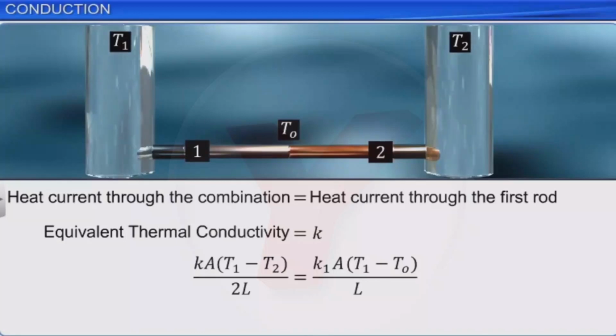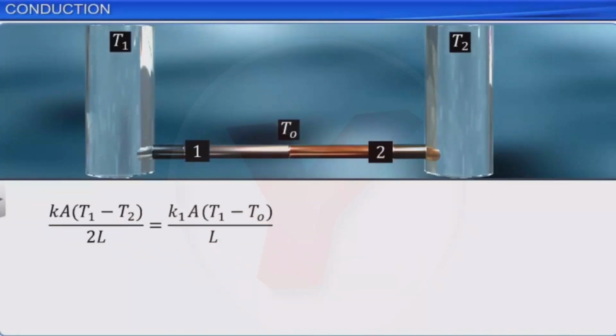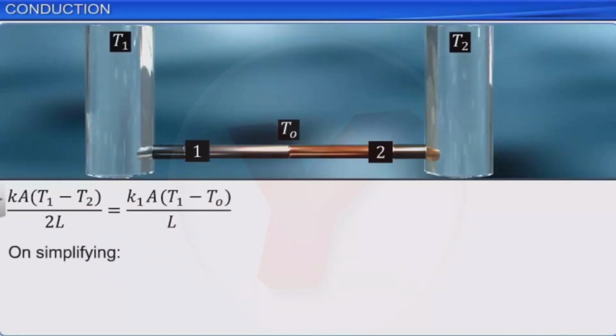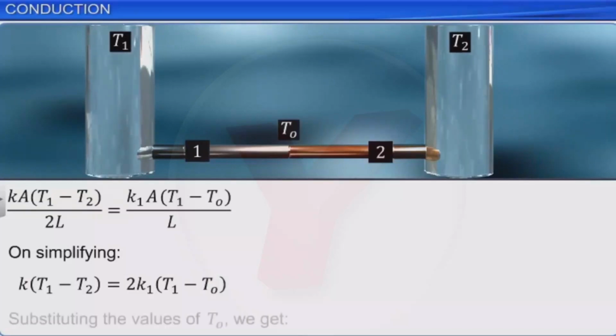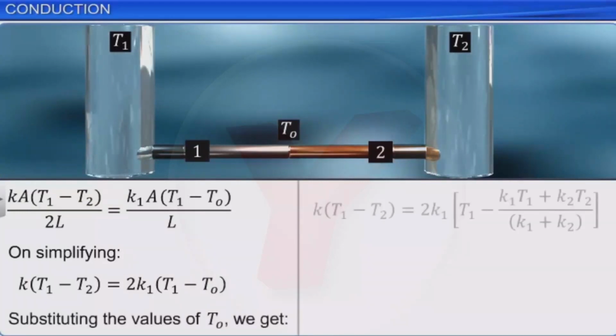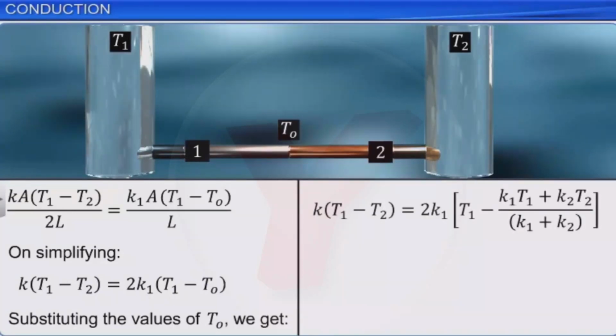On simplifying, we get K(T1 − T2) is equal to 2K1(T1 − T0). Substituting the value of T0, we get K(T1 − T2) is equal to 2K1(T1 − (K1T1 + K2T2)/(K1 + K2)).